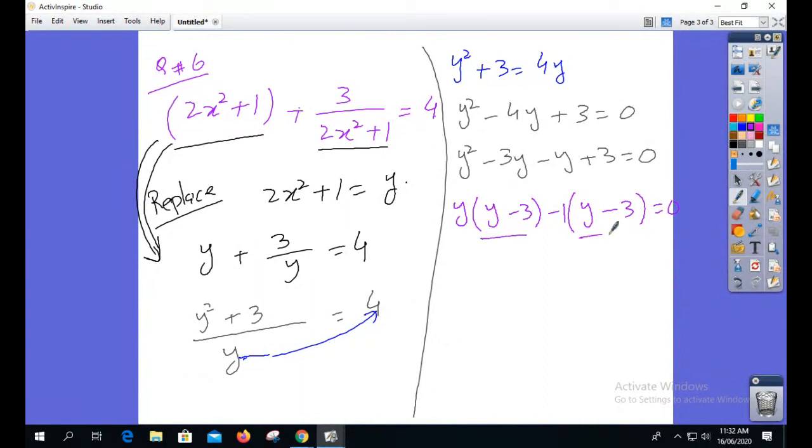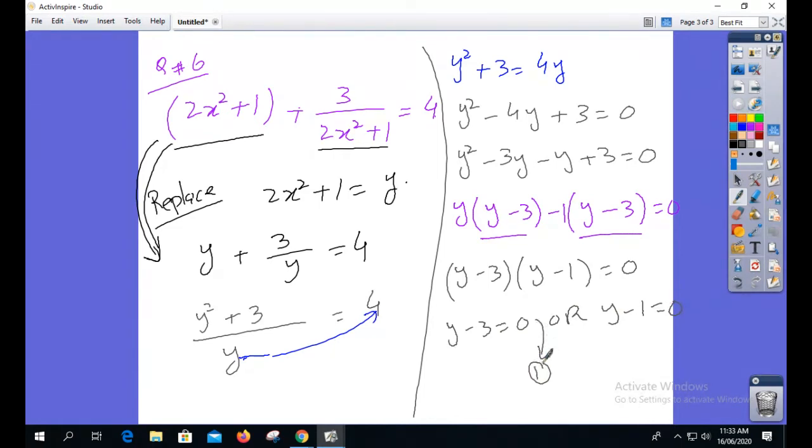Now we have y minus 3 into y minus 1 equals to 0. y minus 3 equals to 0 or y minus 1 equals to 0. This is equation number 1 and this is equation number 2.